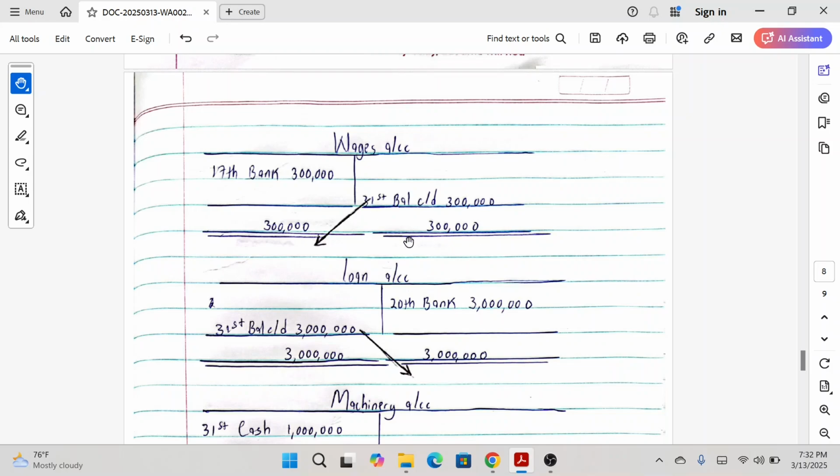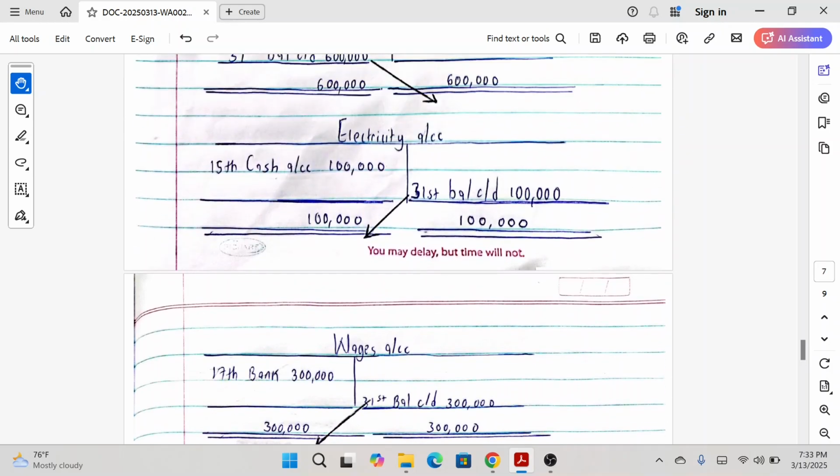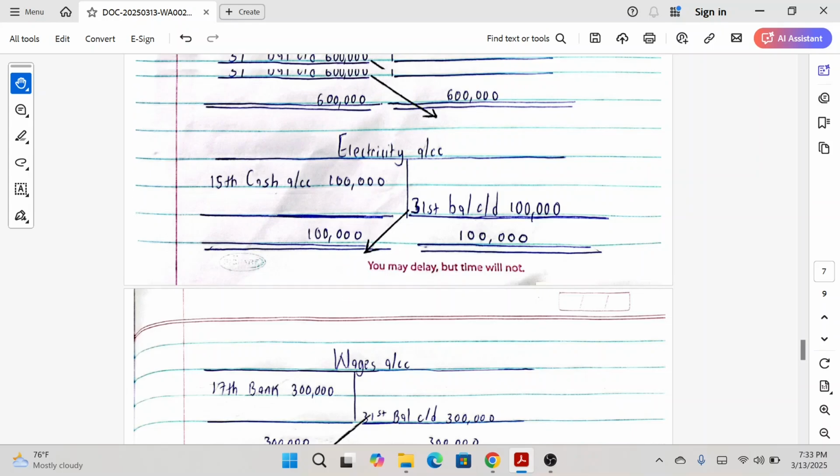Then wages, it's having a normal debit balance, so it's what is going to be posted on the debit side of the trial balance. So electricity is having a normal debit balance, so this is going to be posted on the debit side.